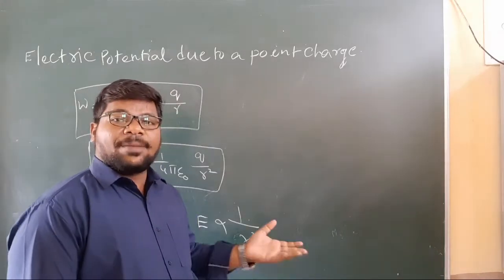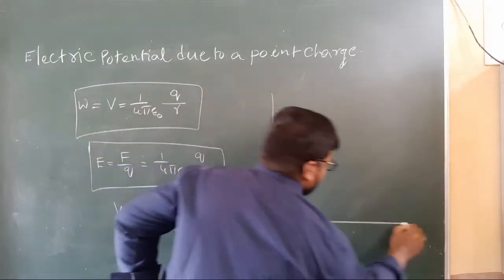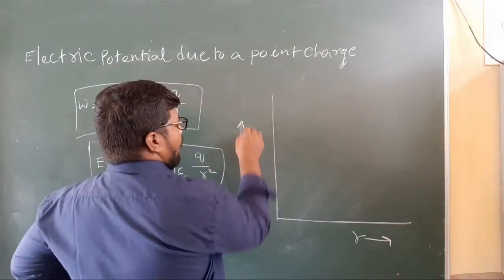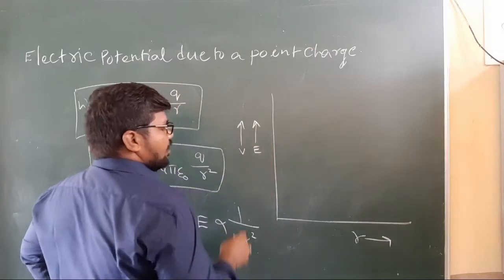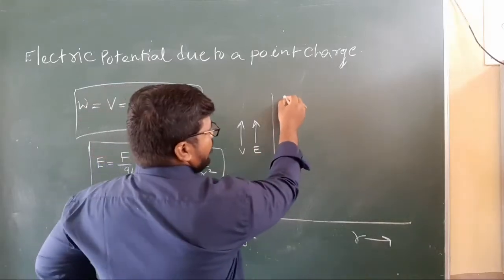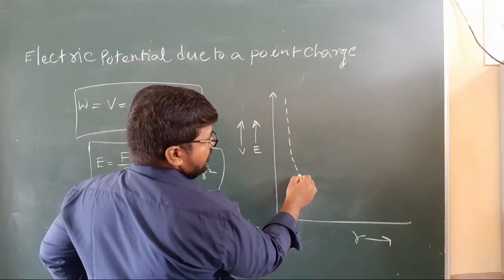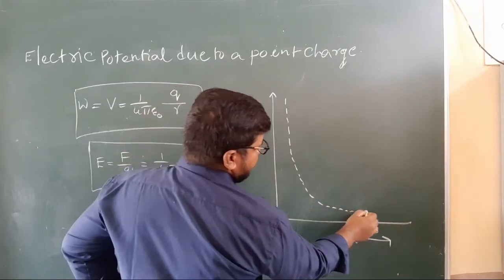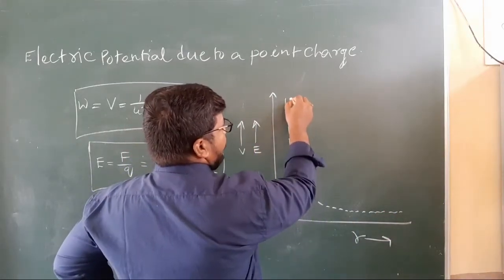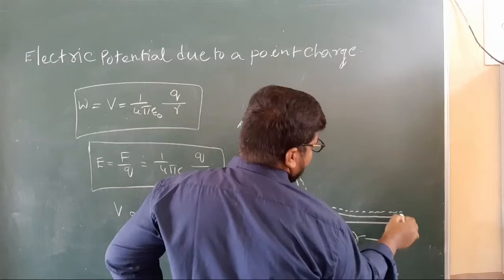So this we have to represent in the form of a graph, my children. Say this is the graph between r and V and E, electric potential and electric field. This dotted line represents electric potential, and the thick line indicates electric field intensity.